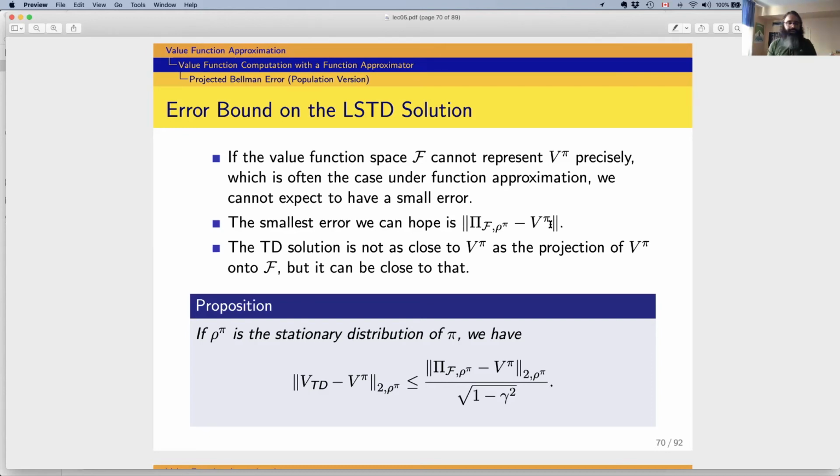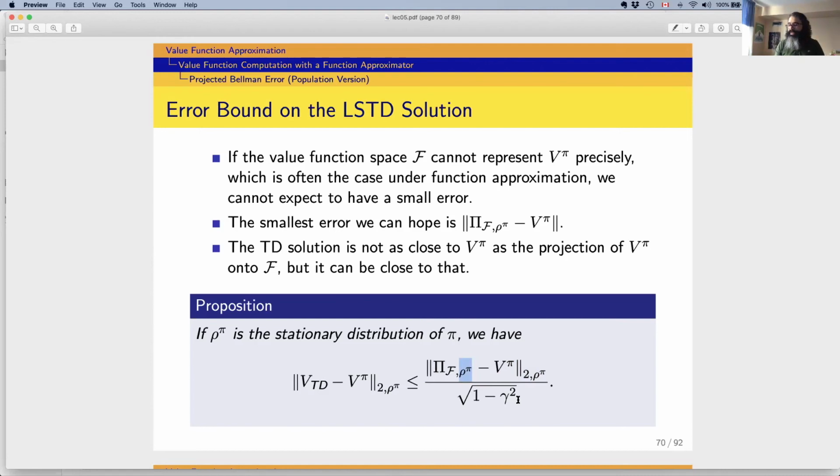How far away? This result shows that if rho pi is a stationary distribution, so we measure distances according to the stationary distribution, then the difference between V_TD and V pi, according to the L2 distance weighted with rho pi, is upper bounded by the norm of the projection of V pi minus V pi, divided by the square root of 1 minus gamma squared.